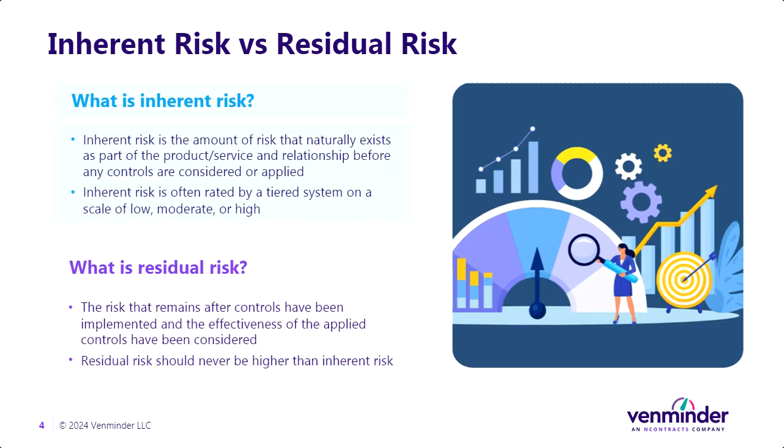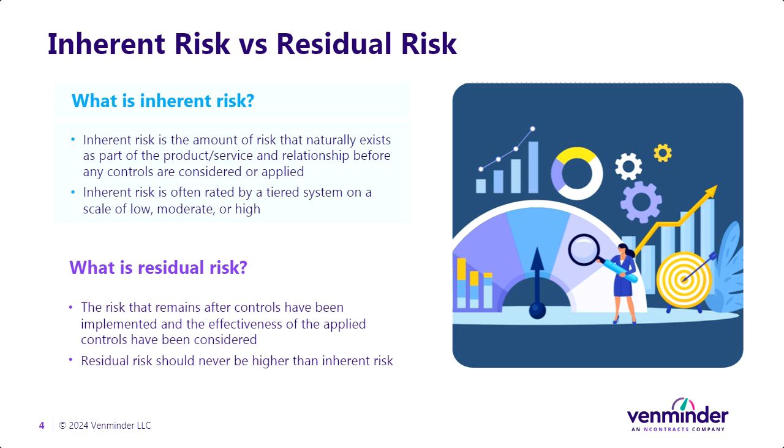What is risk? This is a really great place to start. So as a definition, risk is exposing someone or something of value to harm, danger, or loss. So when talking about the vendor or third-party risk, there are 2 types of risk to be considered. The first is inherent risk.